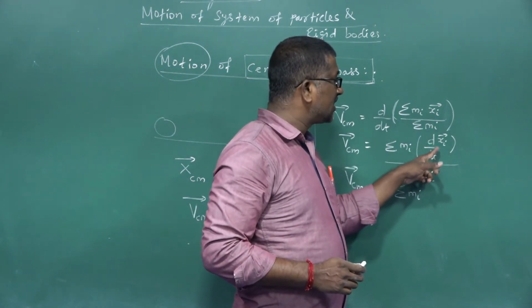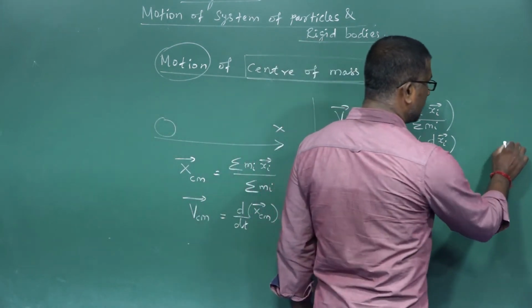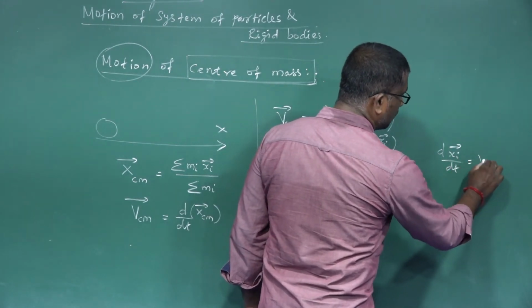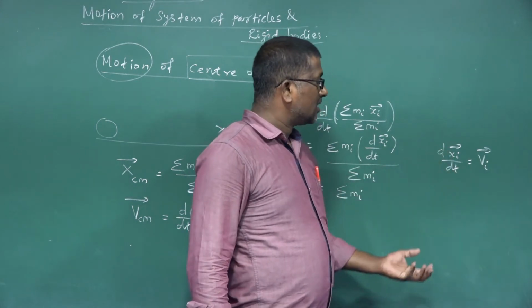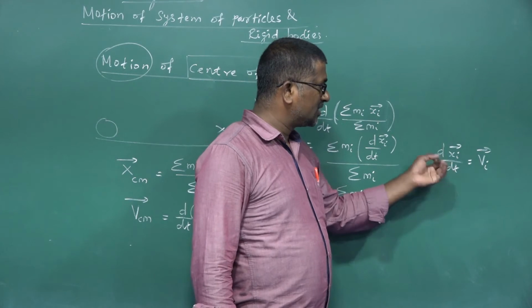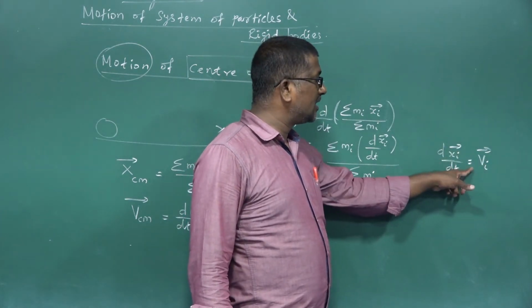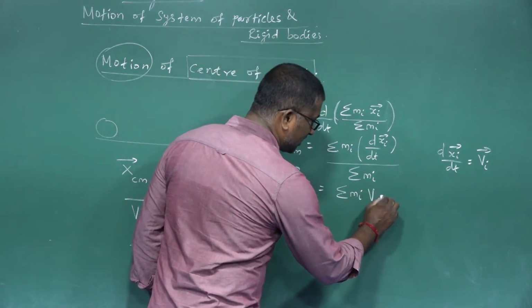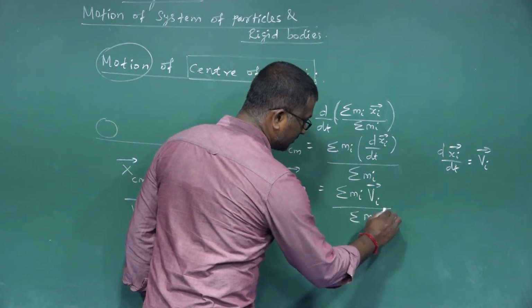The rate of change of position vector is nothing but velocity, that is dx_i vector divided by dt is equal to v_i vector. So summation m_i into v_i vector divided by summation m_i.